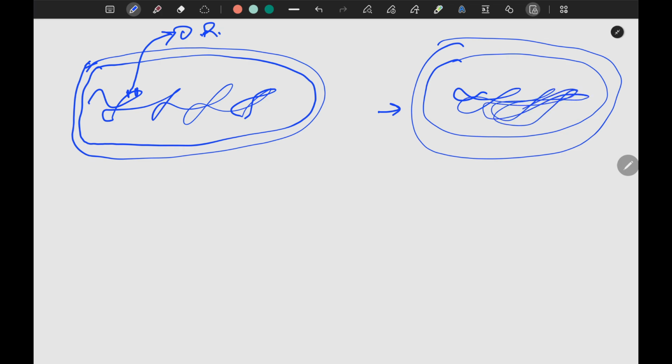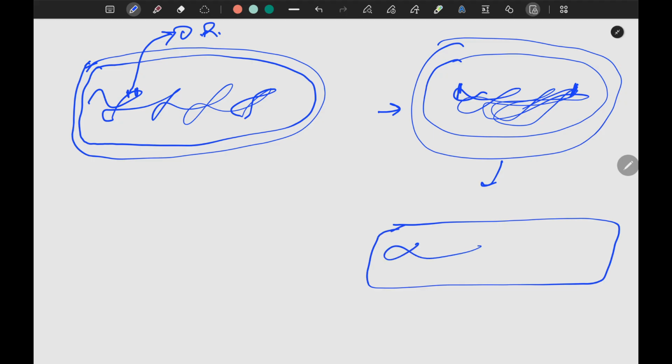Now there are two origins, one here, one here. Two copies of the origin of replication. Now it continues again, resulting in cell elongation. One origin here, second origin here.